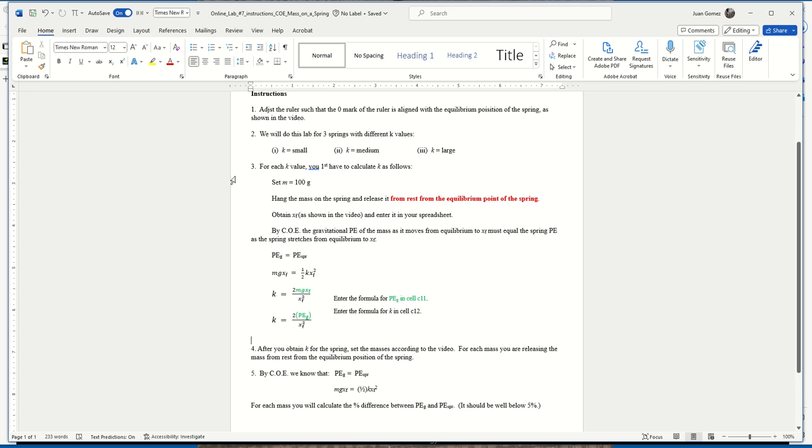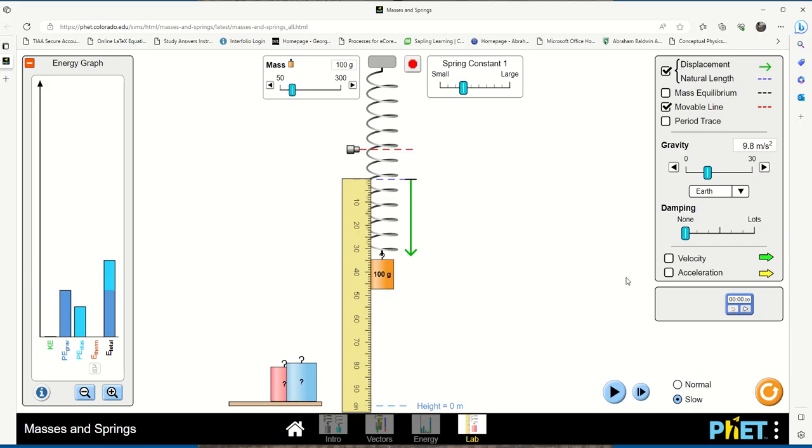To get the k's, remember, for each spring we want to get the k values first. To get each k value, we're going to use the mass of 100 grams. So I'm going to go back to the simulation. My mass is 100. Again, we don't want any damping. Initially, I want a small spring constant, so I'm going to set it at the first small setting, right there.